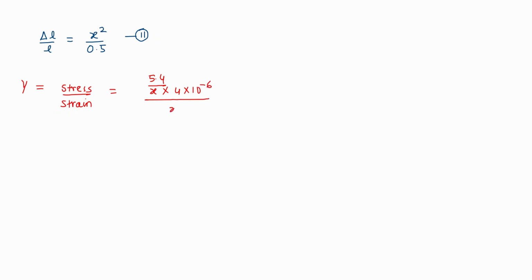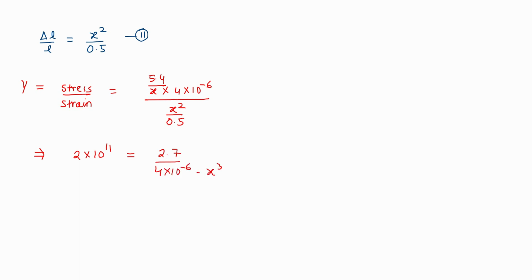So x square upon 0.5. If I substitute the value for the Young modulus, 2 into 10 to the power 11, and rearrange the terms on the right hand side, I am obtaining 2.7 upon 4 into 10 to the power minus 6 times x cube.